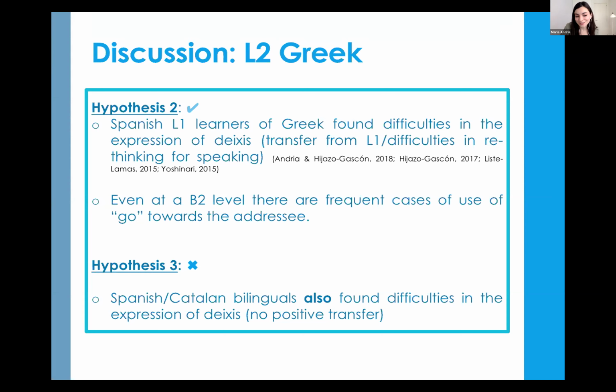So we asked our participants in their oral protocols to reflect a little bit on that. What they said was, firstly, that they found these verbs, ir y venir, to go and to come, confusing, even in their L1. So they think that they are difficult to produce.